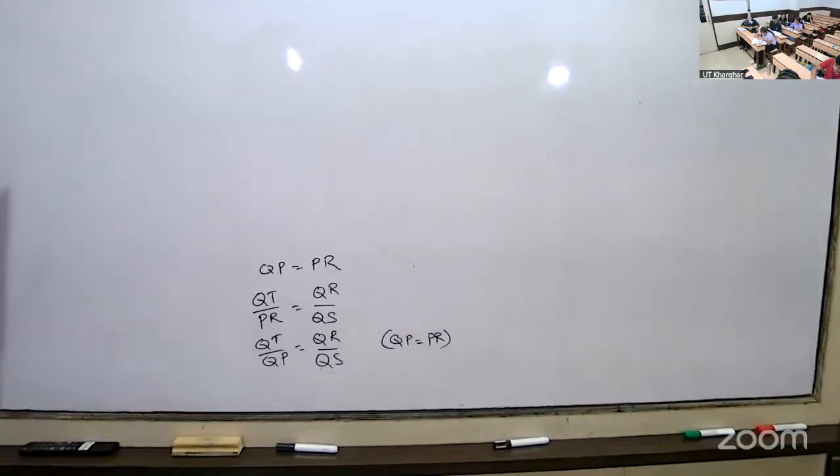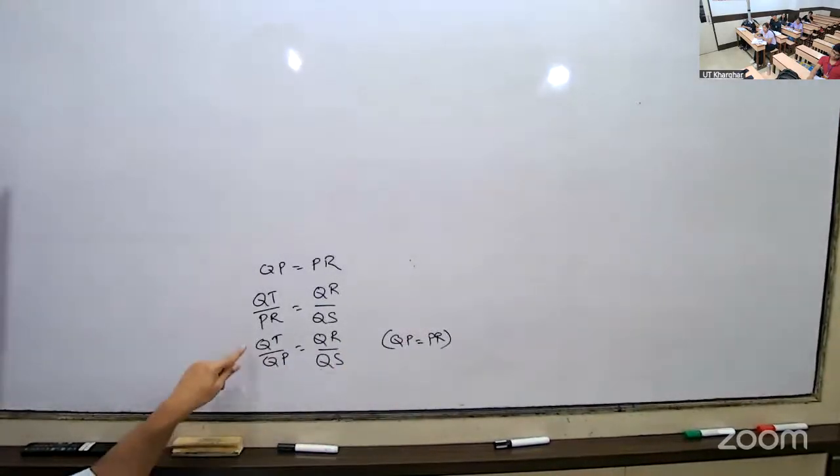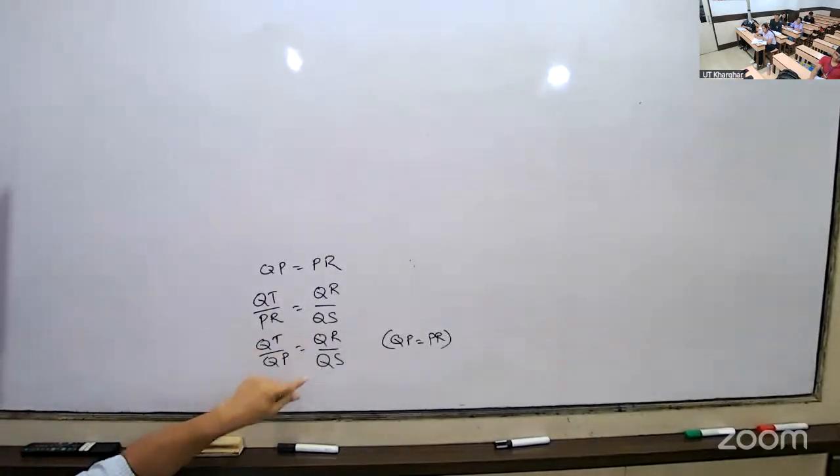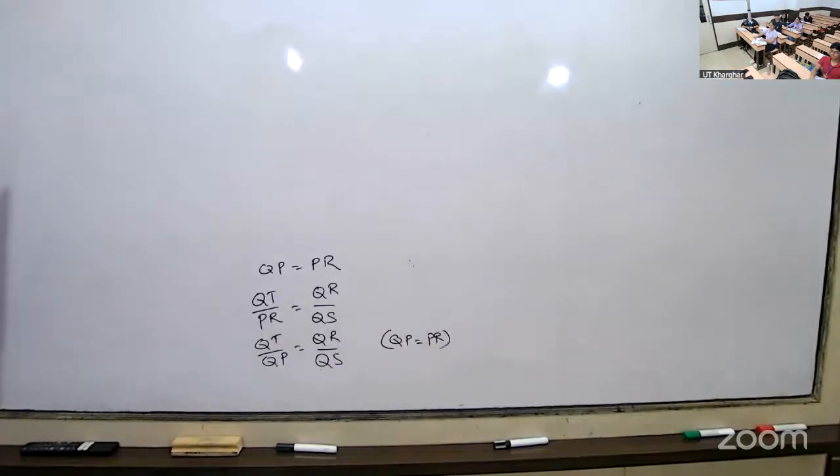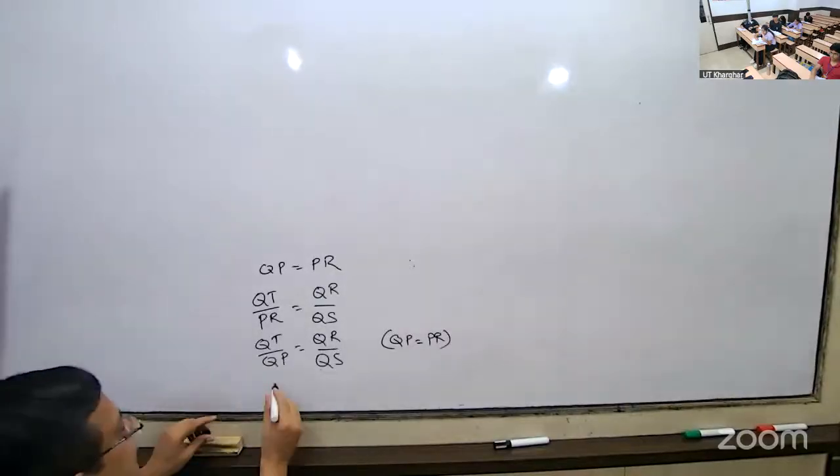You got QT upon QP, side of big triangle by side of small triangle, is equal to, look at the figure, side of the first triangle by side of the second triangle. Two pairs of sides are proportional. What is the angle? Common angle. Common angle is what? Q. Angle 1 is equal to angle 1, common. Therefore, by SAS similarity. Next step, right?